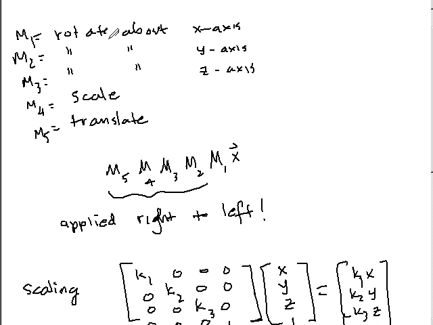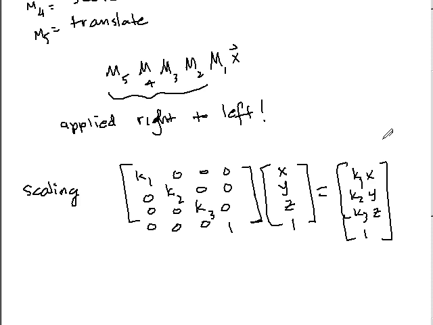So rotation has to do with whether you have a cosine and sine in this corner here. And scaling is if you have a diagonal matrix in that upper 3 by 3. Now, how do you do translation?